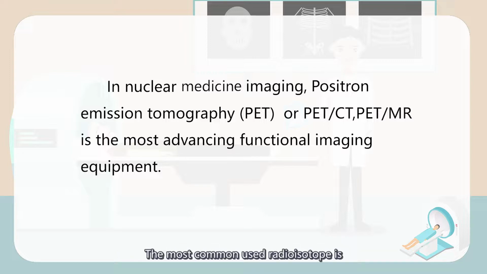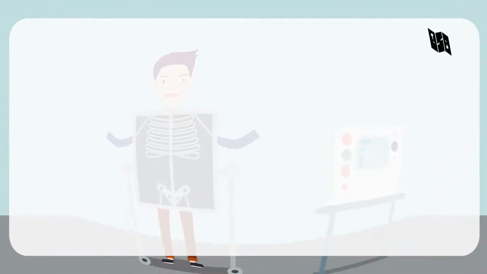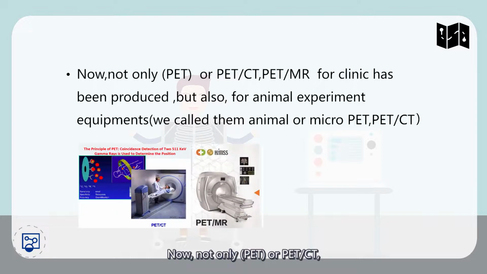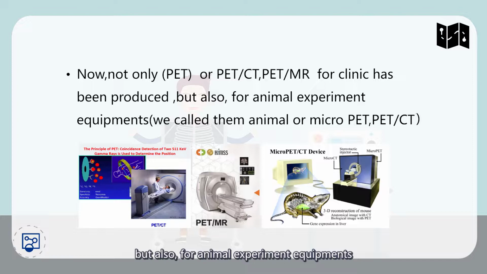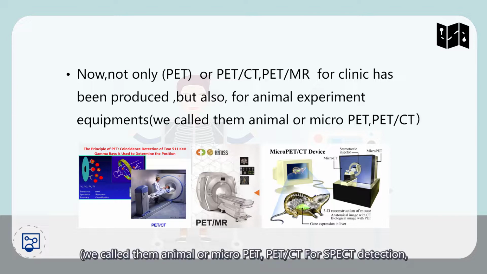The most commonly used radioisotope is fluorine-18, accounting for 90% of radiopharmaceuticals in clinic. Its half-life is only 110 minutes. Not only PET, PET-CT, PET-MR for clinic, but also for animal experiments, equipment already exists. We call it animal PET, or micro PET, micro PET-CT.